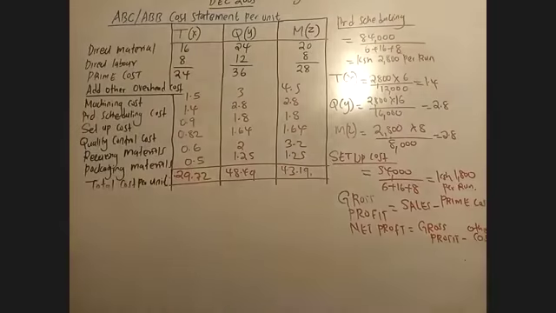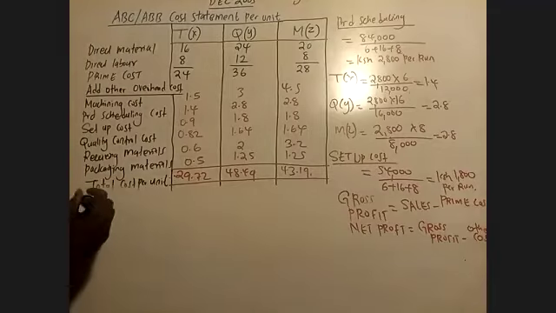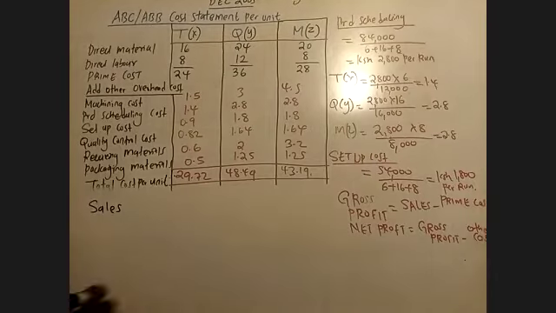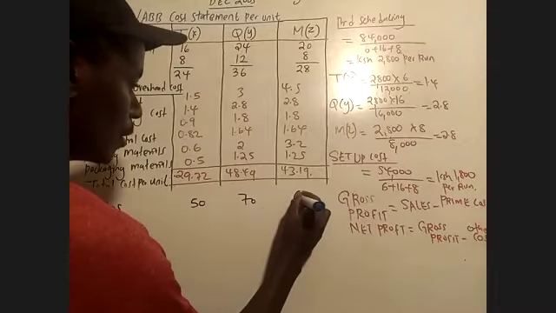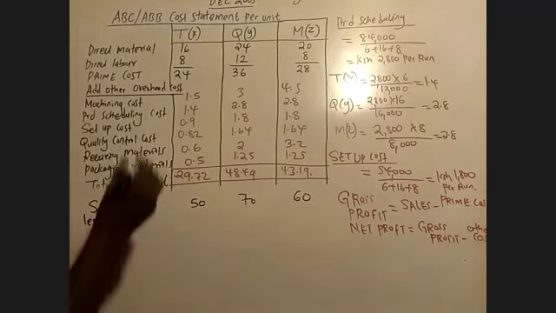Let us do that one. Tafanya zote. We shall do. But I think the examiner meant net profit. Now tuanze na sales. From the question, what is sales? Total sales from the question mimi naona ni 50, 70, 60 per unit. Now that's less variable cost, which is our prime cost.